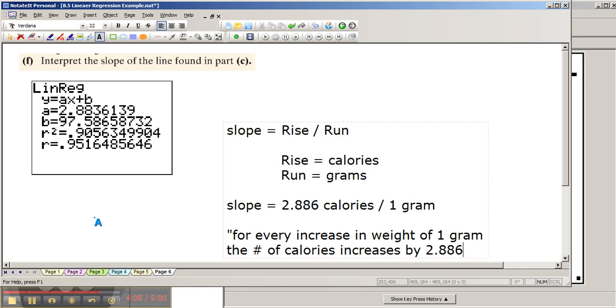So that's the interpretation of the slope. Okay, and that ends the whole problem. We're done.